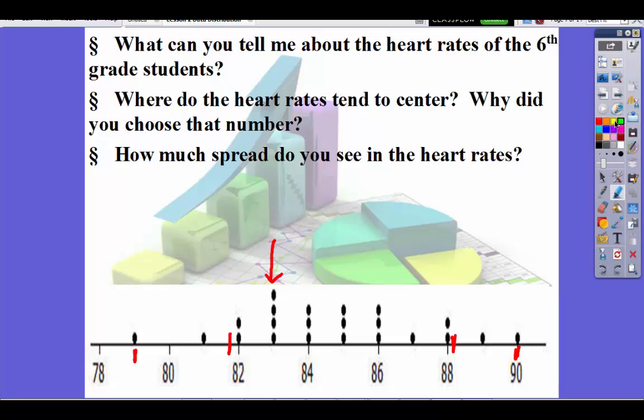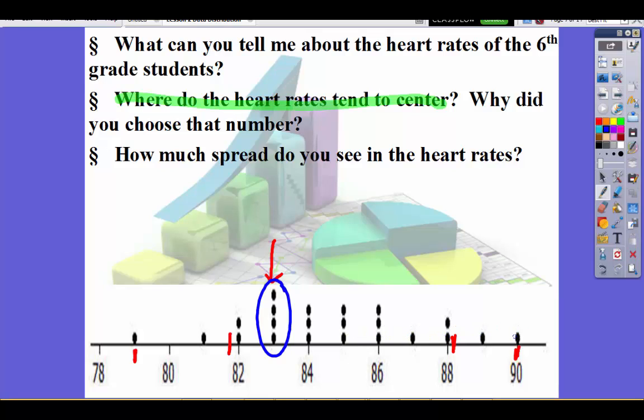Let's look at this next question. Where do the heart rates tend to center? Well, we haven't learned what center means in statistics yet, so there's several possible answers. I could say that it looks like it centers around 83 because that's my biggest number. I could say that it centers around 1, 2, 3, 4, 5, 6, 7, 8, 9, 10, 11.